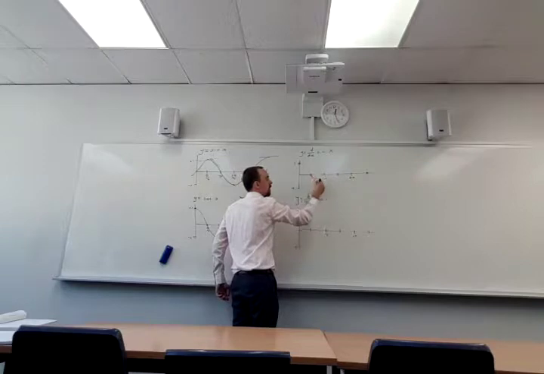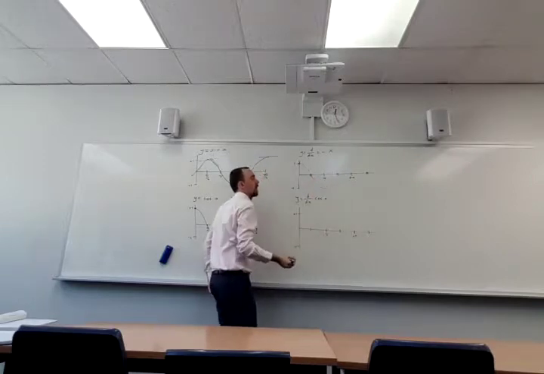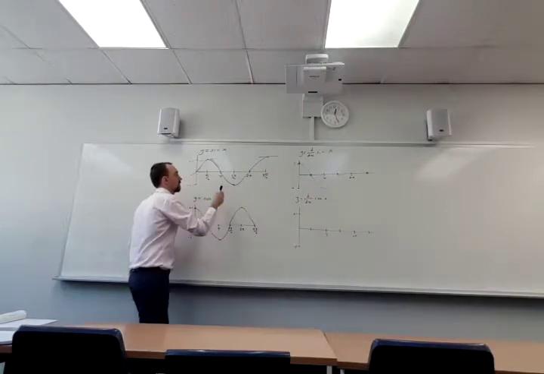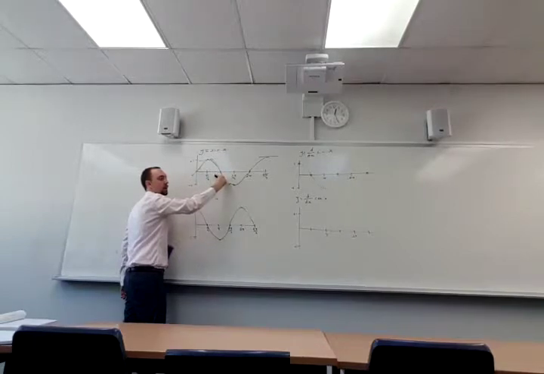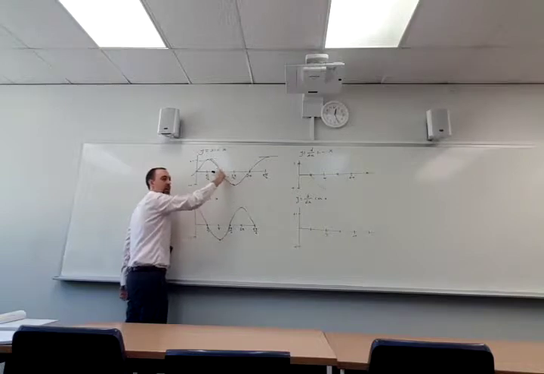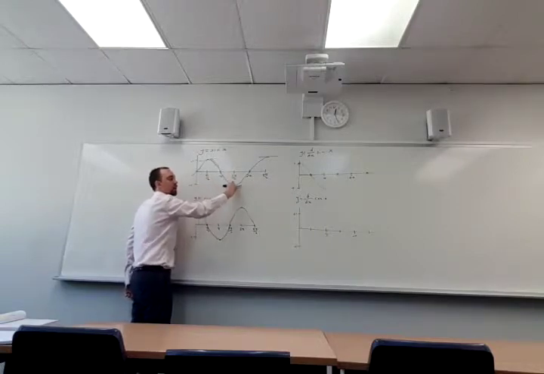So it's increasing until it gets to -1. Then it starts to turn around again a bit. It starts to get shallower until it gets to 0.